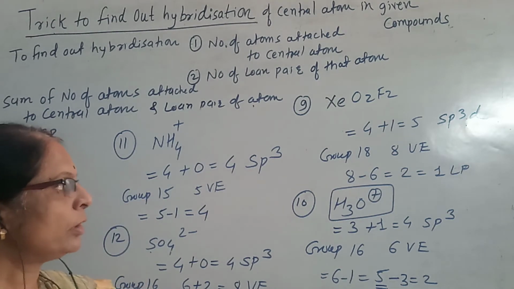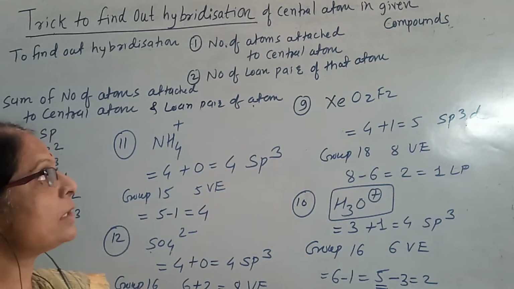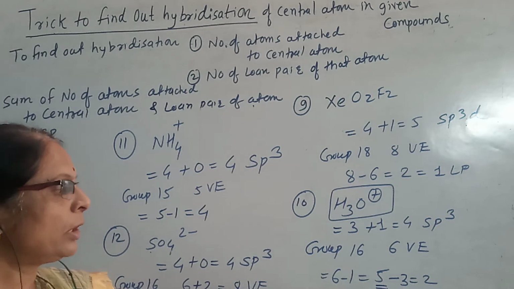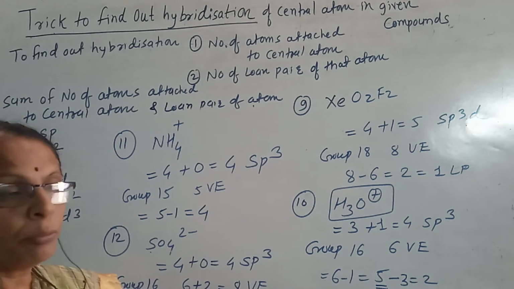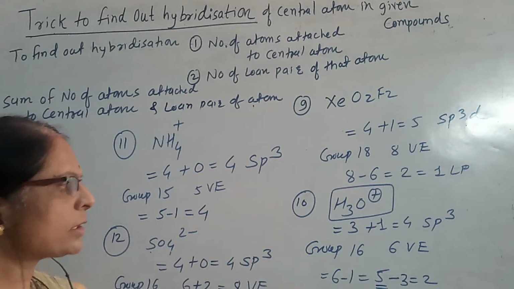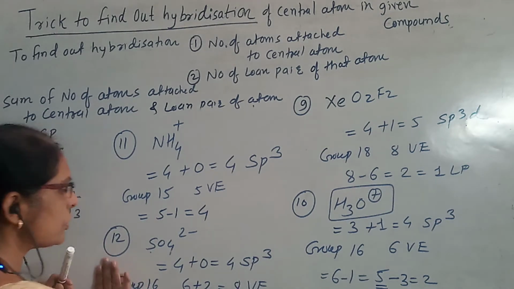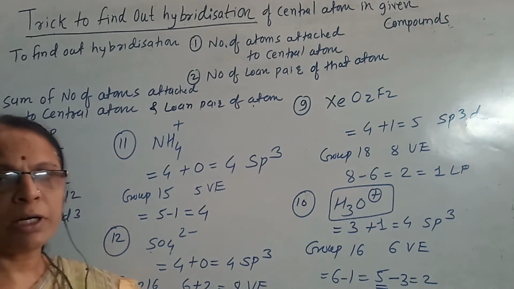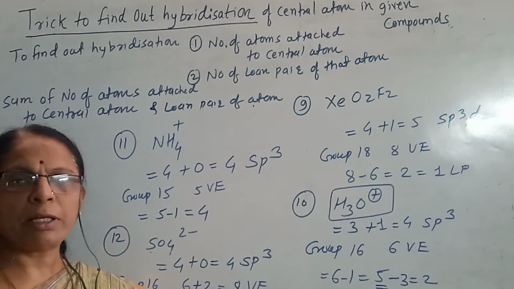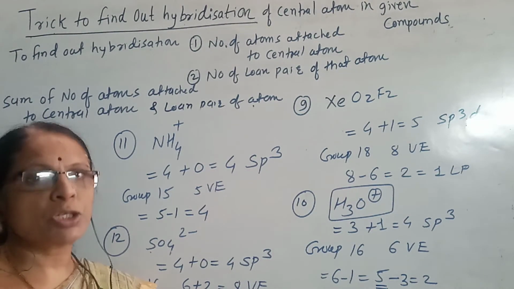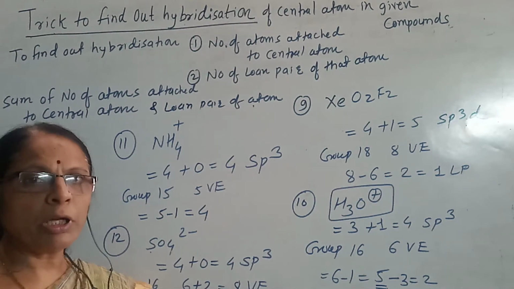So in this way, we have to consider the hybridization of the central atom in the given molecule. In all these cases, we must know the number of valence electrons, and in order to find that, we must know the location of the corresponding element, that is, which group it is from.